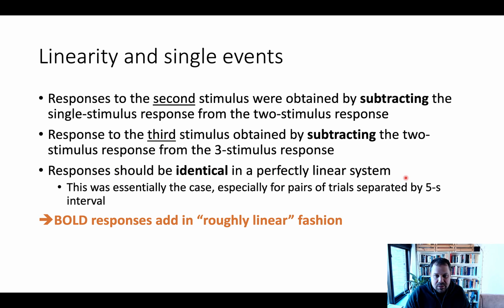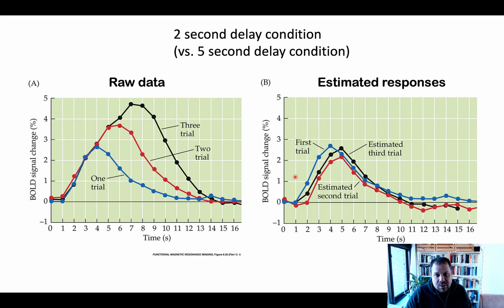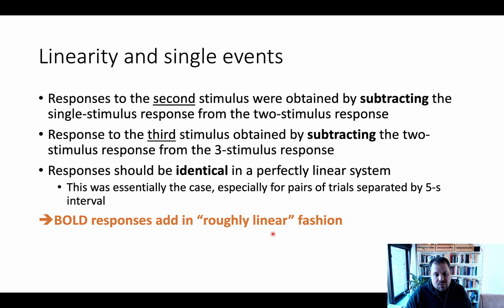Now we find responses that are not entirely identical, especially in the 5-second case, where they're very closely matched. But in the 2-second case, when gaps between stimuli were only 2 seconds, not 5 seconds, they were not as closely matched. But still, there's a rough match between these. So what does this mean? Both responses add in a roughly linear fashion, basically.